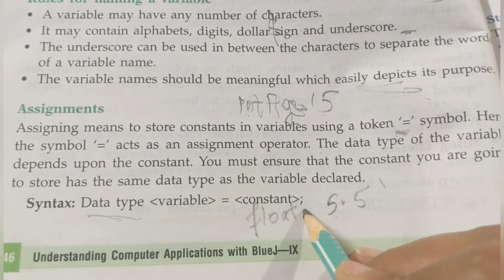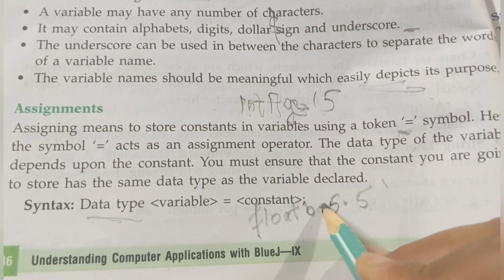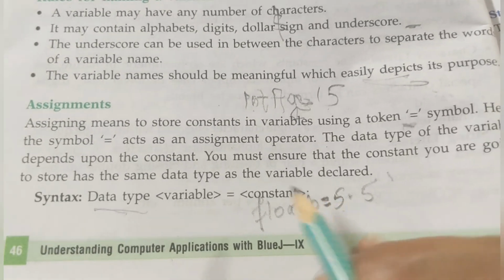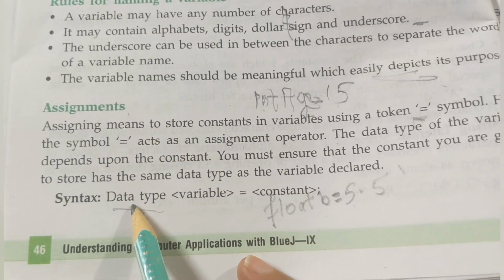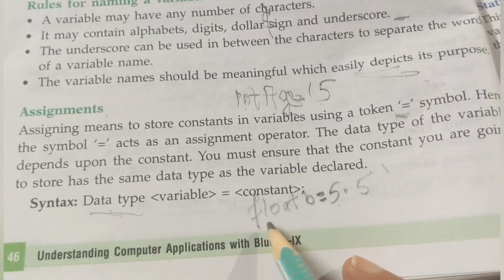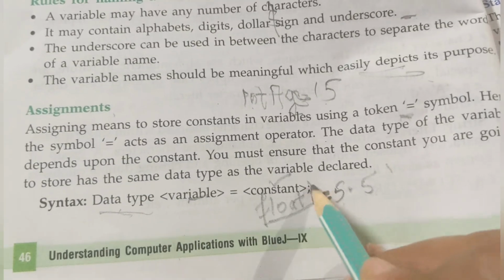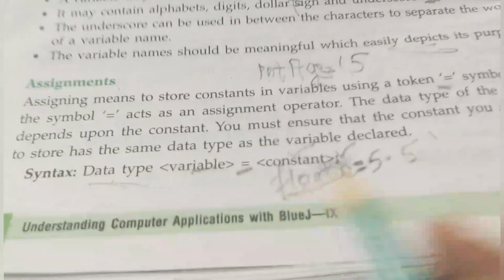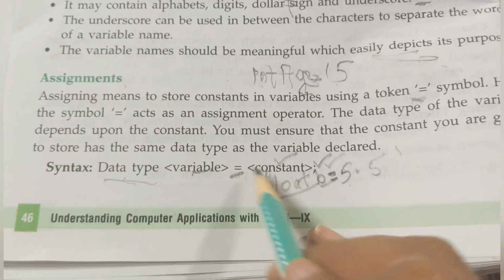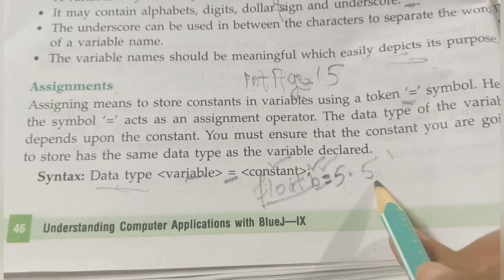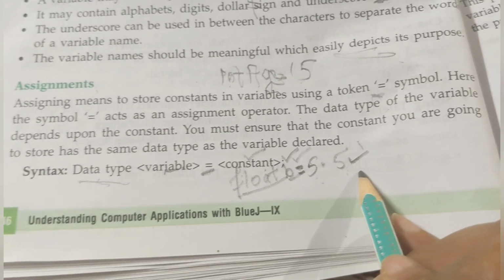So let me have b for this, b variable name equals to is an assignment operator. So what is the syntax? Data type, variable, b is your variable, assignment operator, constant means 5.5. So here is your syntax and here is your example.